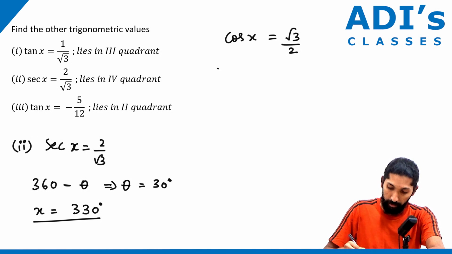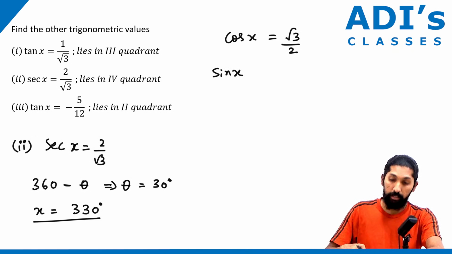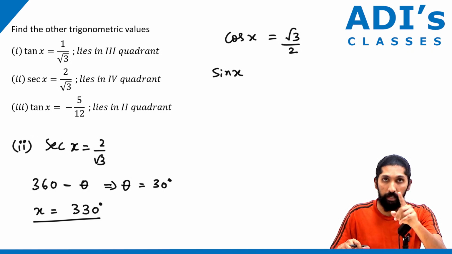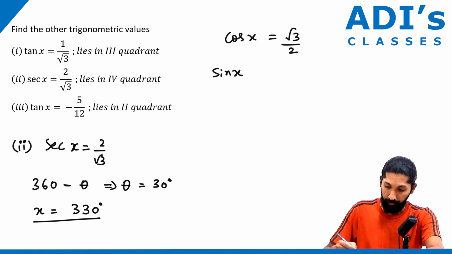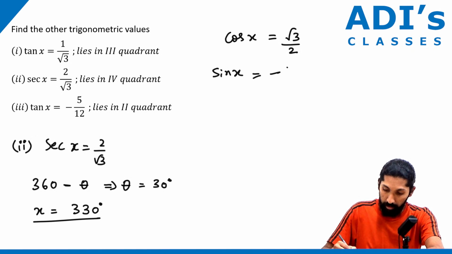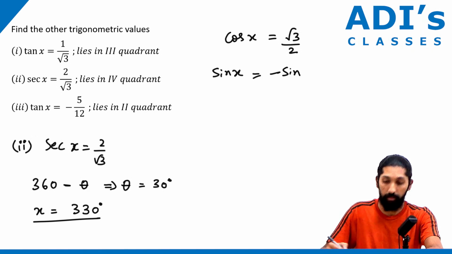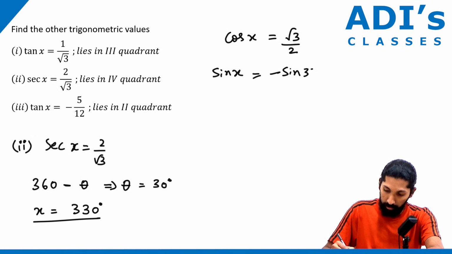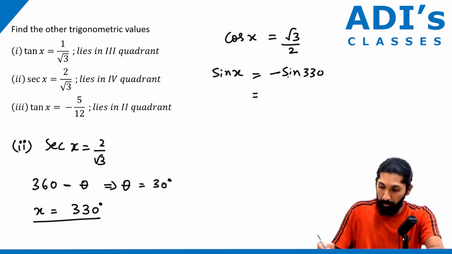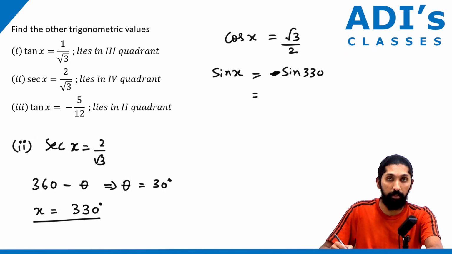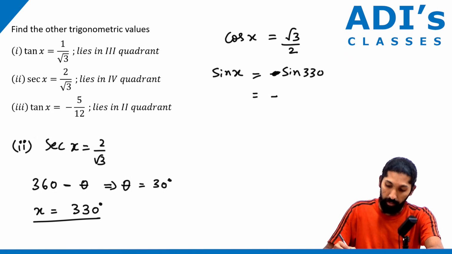Next, sin x will take. Sin in the fourth quadrant, it's negative, right? So this is going to become same as minus sin, and here it's going to be just 30 degree. So which is minus sin 330, I think it's better if we write just sin 330, which is going to give us minus sin 30.